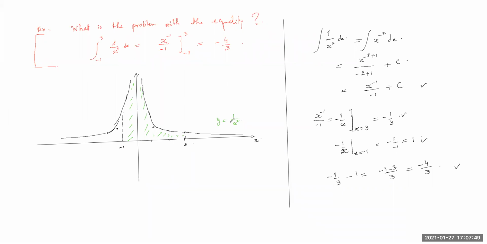The function is not continuous. Exactly. It's not defined. The function 1 over x squared is not defined at 0, and 0 belongs to the interval of integration they give us.